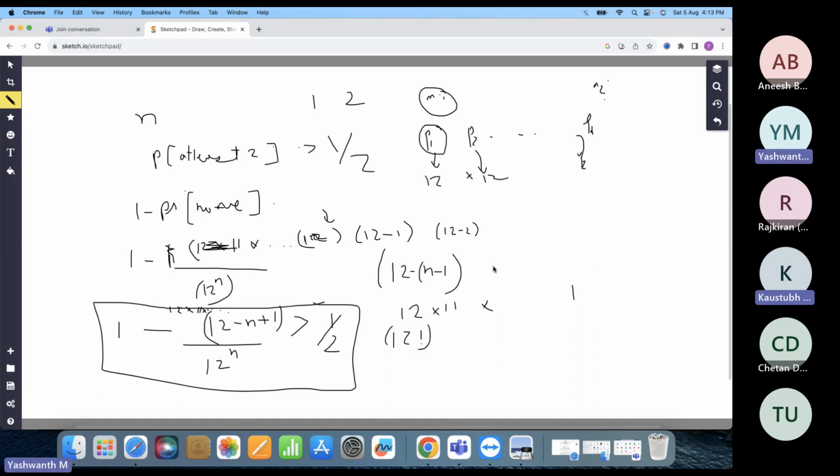But if there are n persons, where n is less than 12, you just stop earlier. That's why it is 12 minus n plus 1. So if n is 1, you get 12. If n is 2, you get 11, and so on. It's just something like nPr.